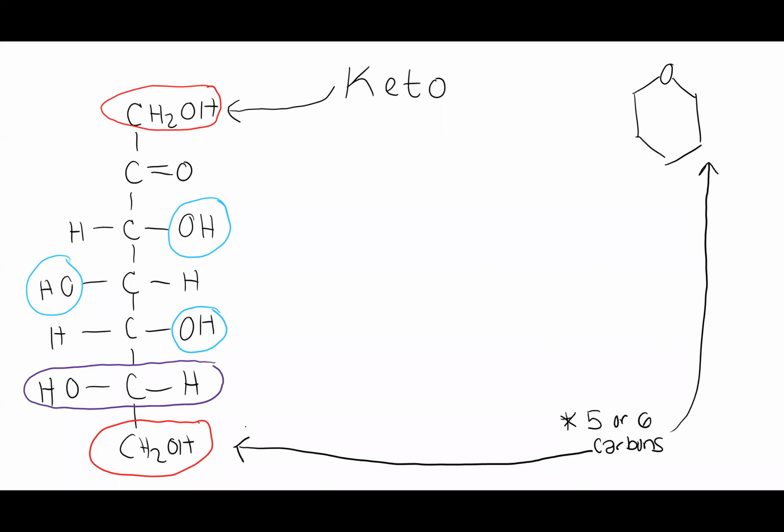They interconvert between the two. And we're going to talk about how you can take a structure of the linear Fischer projection and turn it into a cyclical version very quickly.